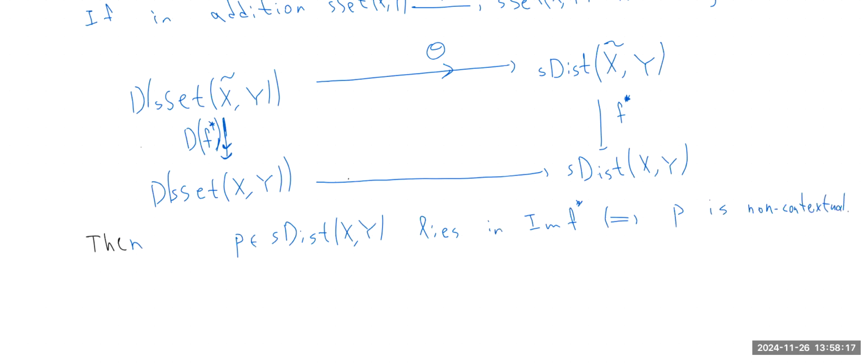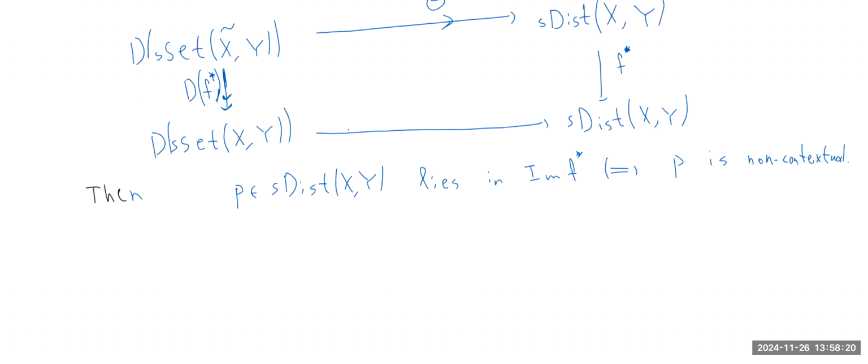Usually we use this when the map from X, this map, is an inclusion map, okay? So I will show now some example. Usually we use this when f is an inclusion map.